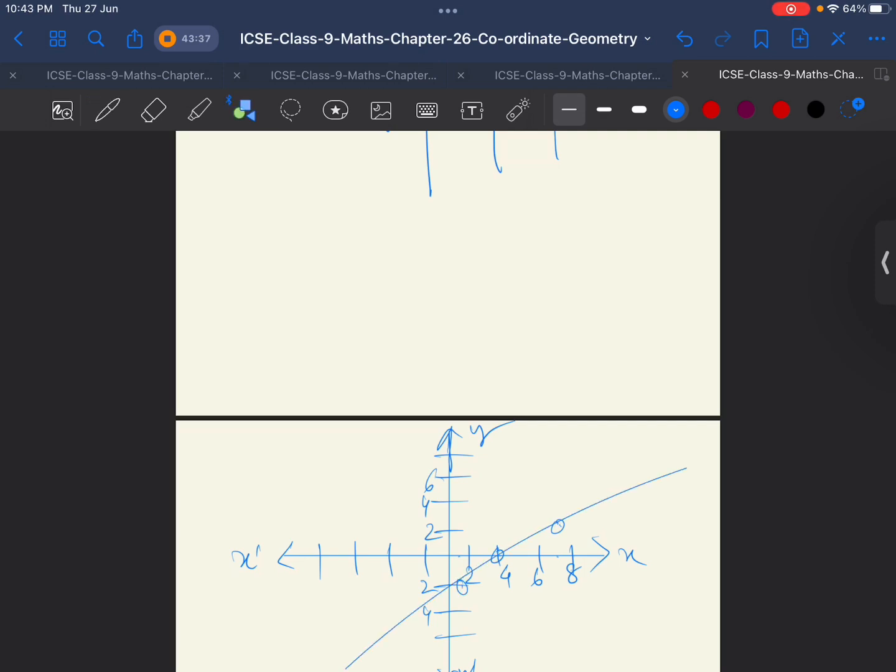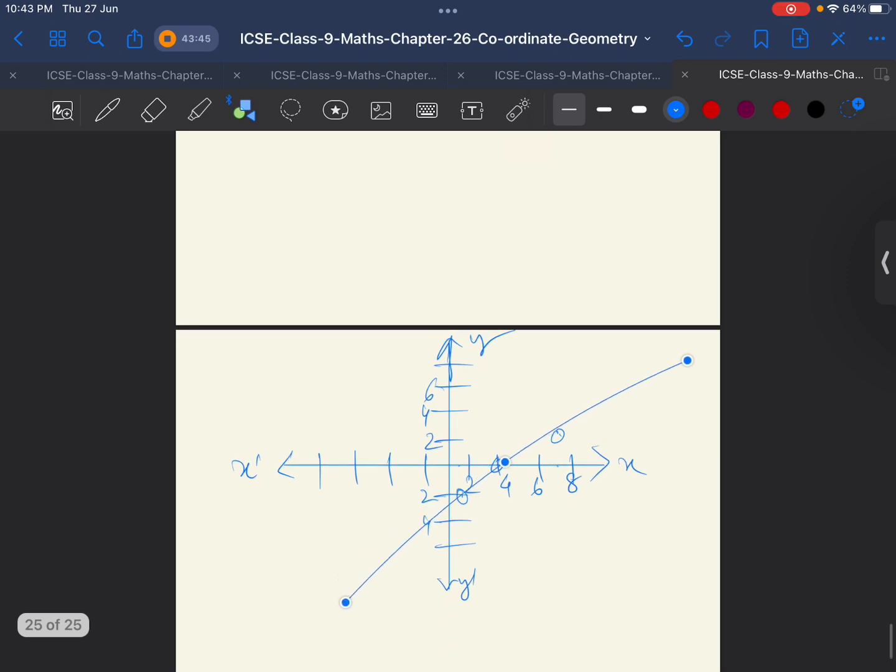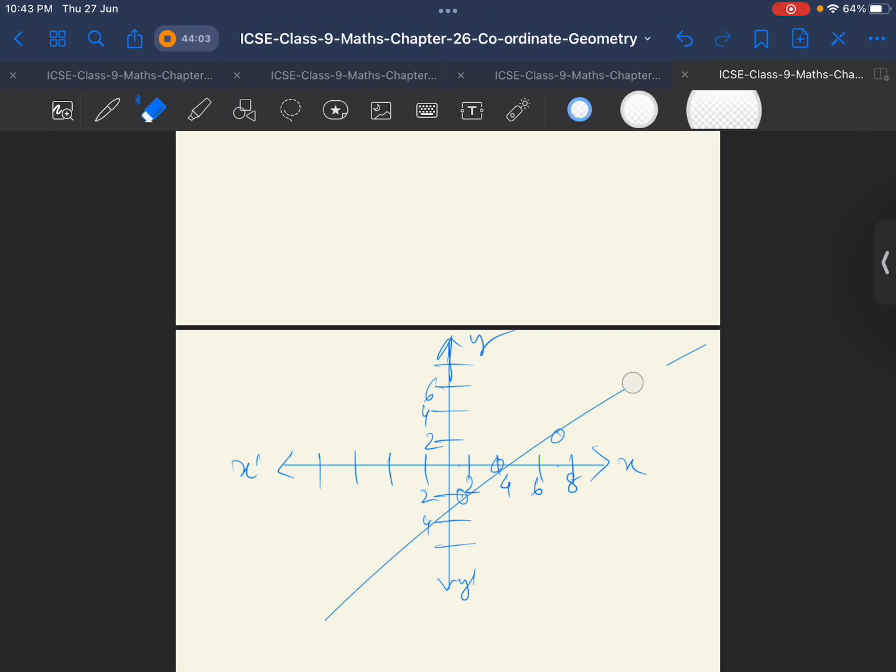Now we draw the straight line. So this is the straight line. Okay, this is the straight line.